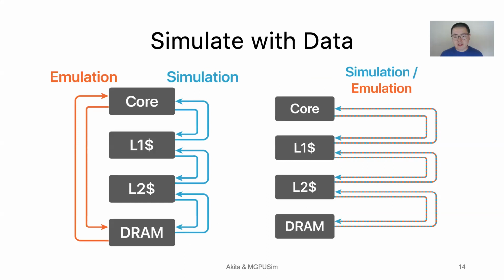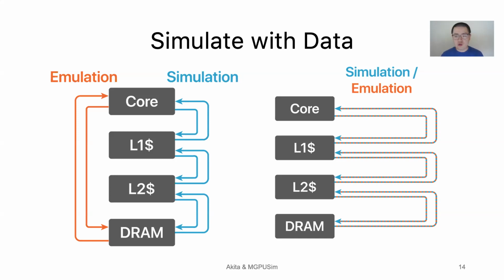In our simulation, we decide to use a combined simulation and emulation method. For every channel that transfers data from DRAM to L2 cache to L1 cache and to the core, we not only calculate the time required to transfer these messages, we also carry the real data. Imagine if you want to develop a cache coherency protocol.